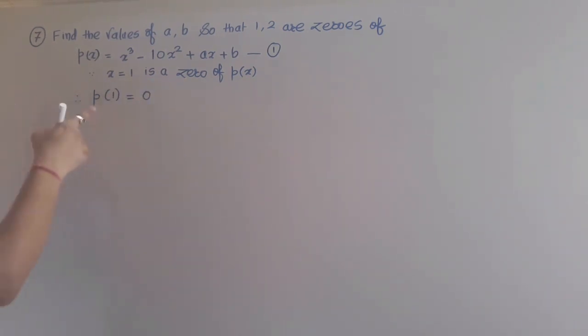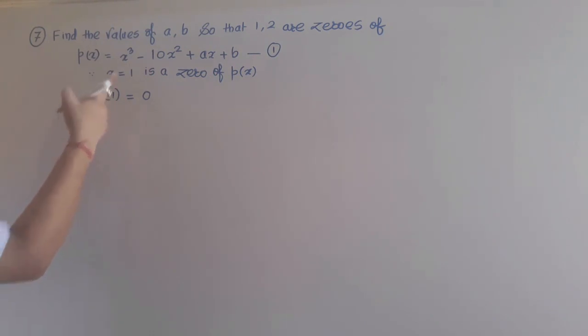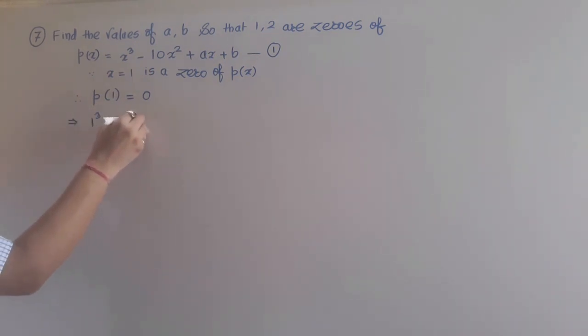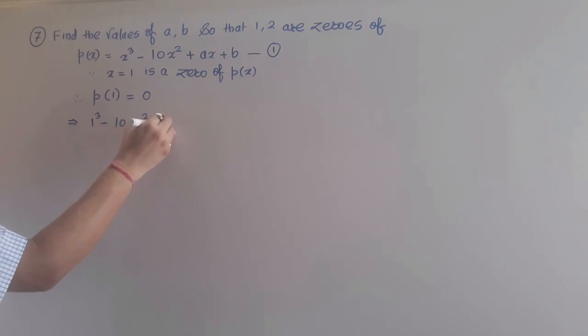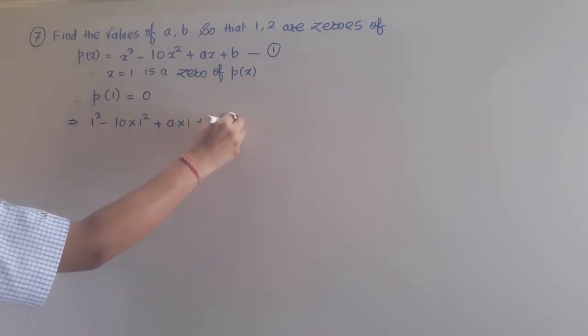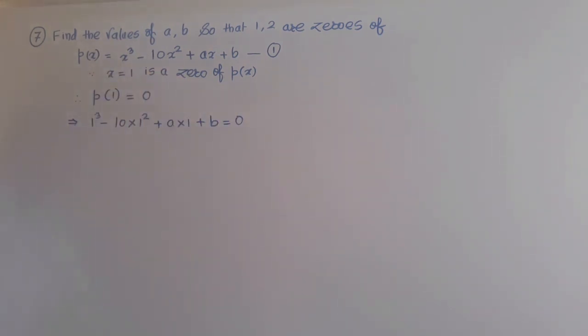Now this value p of 1, if I want to find out, on the right hand side everywhere put the value of x equal to 1. So this will become 1 cube minus 10 into 1 square plus a into 1 plus b is equal to 0. Let us simplify further.